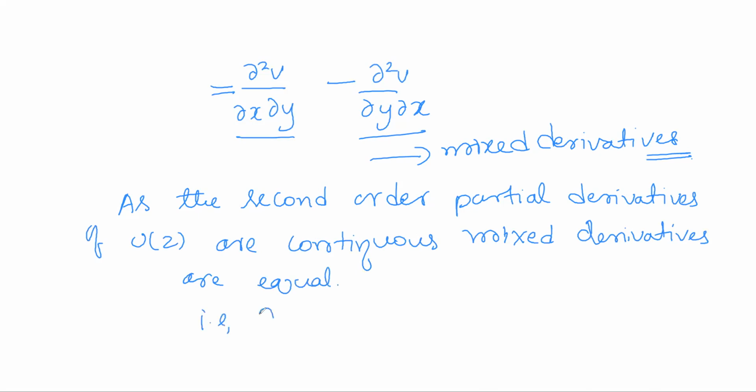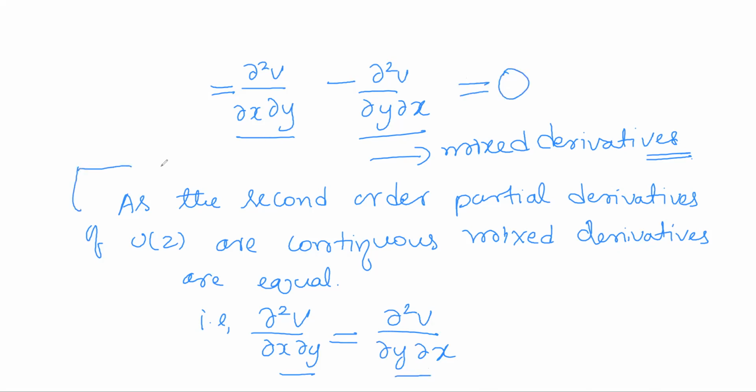That is, dou square v by dou x dou y is equal to dou square v by dou y dou x. So these two will be one and the same, so their difference will be 0. So what it shows is that the Laplace equation with respect to u gets satisfied.